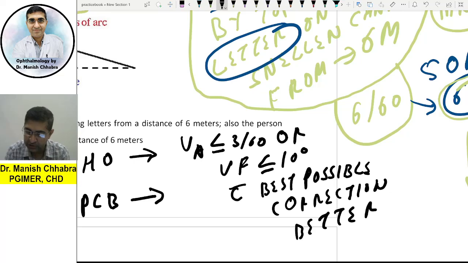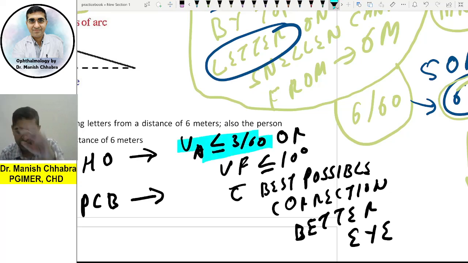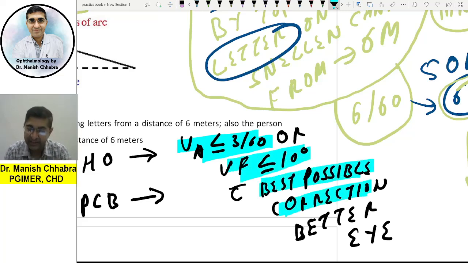These are all your keywords: in better eye. So visual acuity 3 by 60, visual field 10 degree with best possible correction in which eye? In better eye.